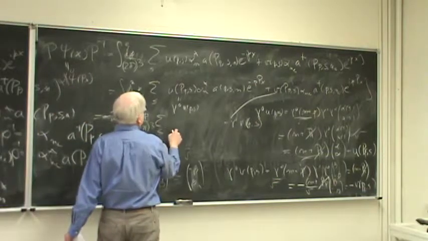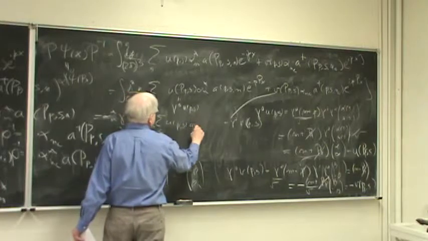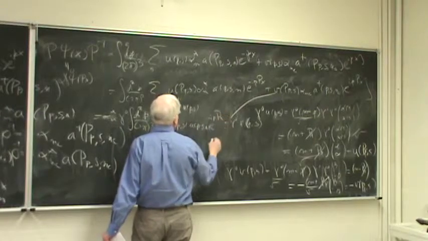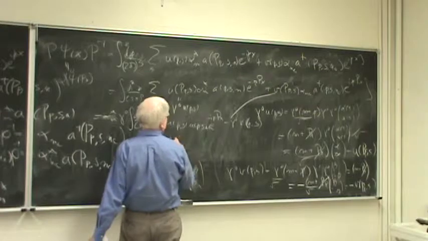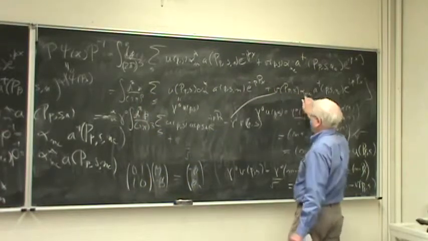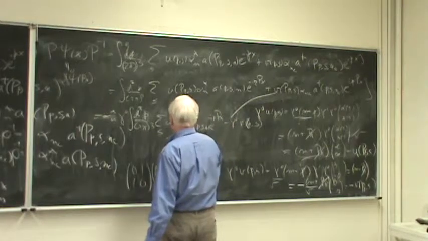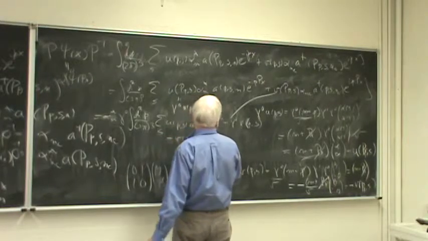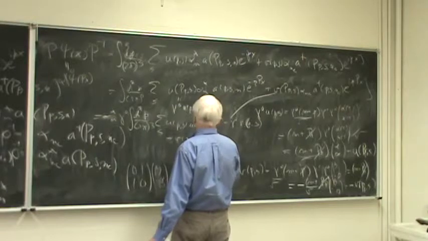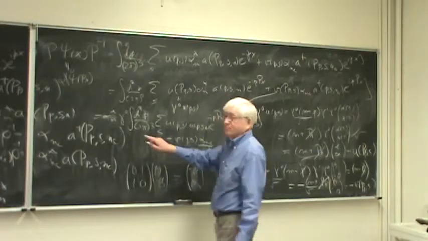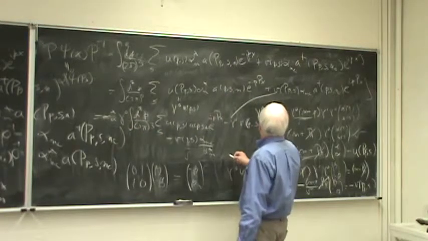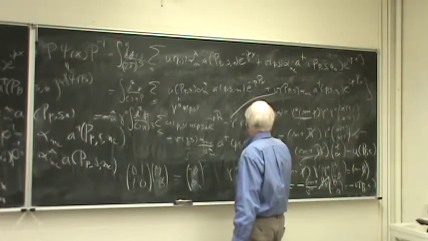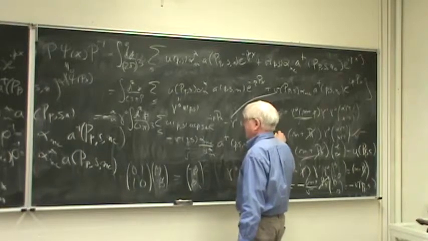And then we'll have the sum on s, u of p and s, a of p, s, and n, e to the minus i p reflected x, plus, now we have minus alpha n^c, so it's minus v of p and s, alpha n^c divided by alpha n star, because I pulled out an alpha n star, a dagger of p, s, n^c, e to the i p reflected x.